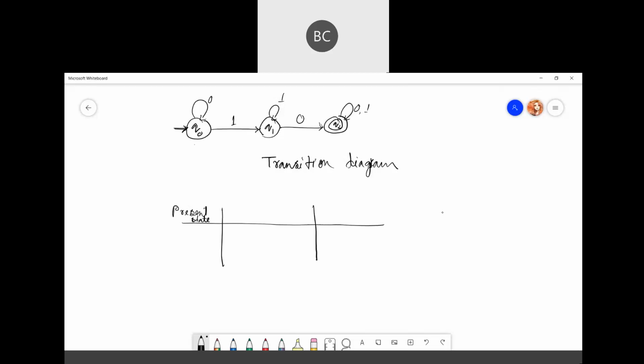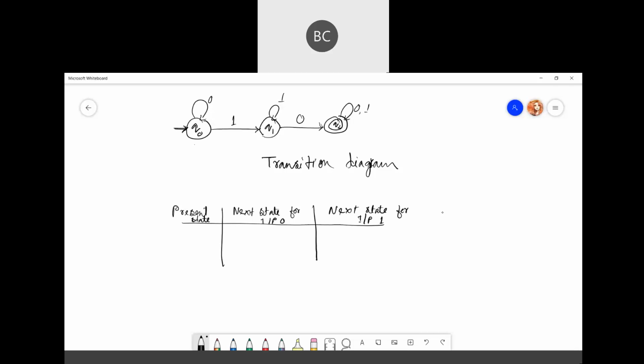Okay. Next column will be for the next state for one input symbol. For input 0. And next column will be next state for input 1.